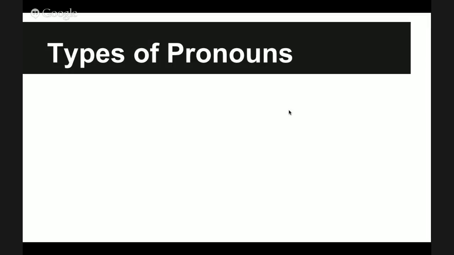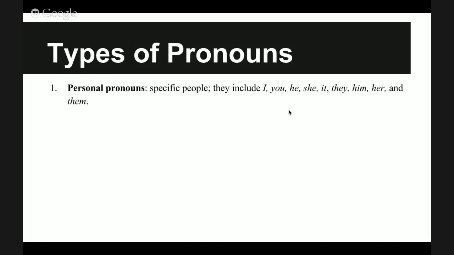So, the different types of pronouns. There are 6 general types that we'll quickly go over. First up we have the personal pronoun. The personal pronoun refers to specific people. Personal pronouns include such words as I, you, he, she, it, they, him, her, and them.